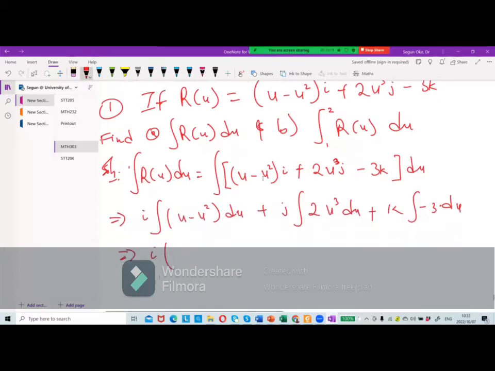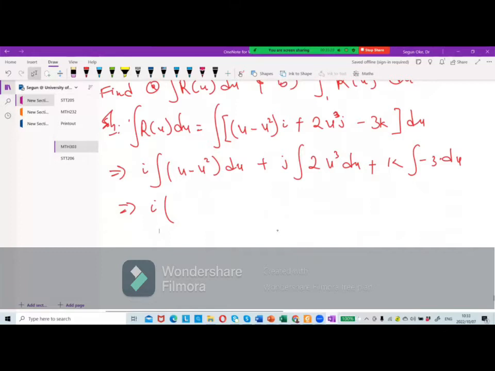When you integrate u, what do you have? U squared over 2. U squared over 2 minus u cubed over 3. Do you agree? Yes, sir. Then i plus j.